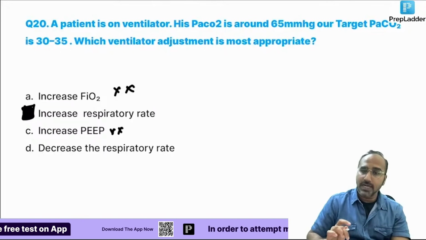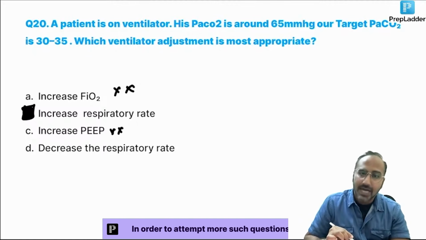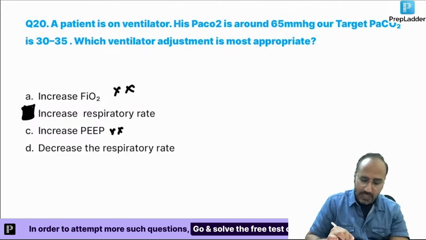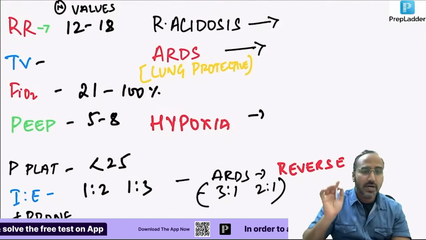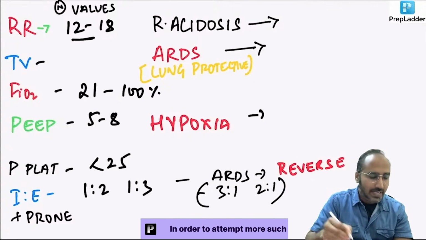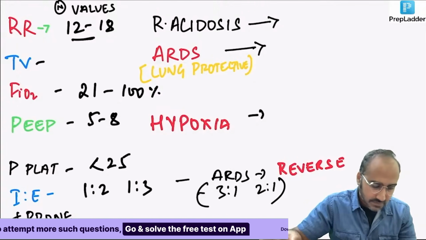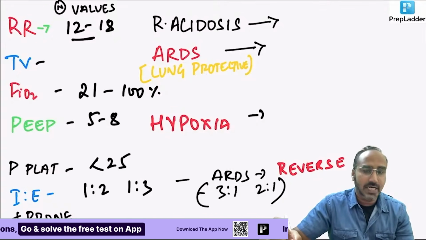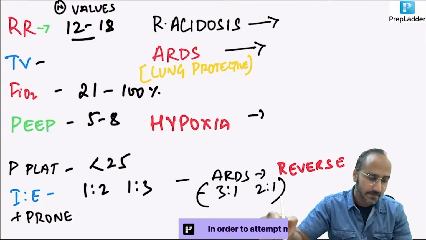But before going to the next thing, you have to remember some of the respiratory parameters and something about PEEP also, guys. Regarding respiratory parameters on the mechanical ventilator, what is the normal respiratory rate that you set? 12 to 18. If the question says you want to improve the oxygen, then you have to give PEEP, guys.